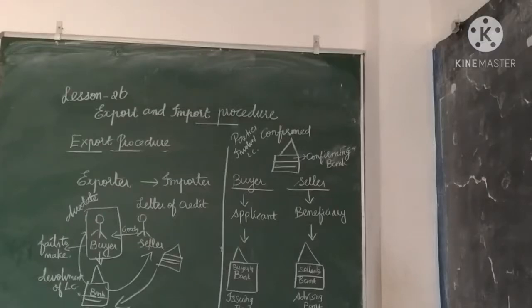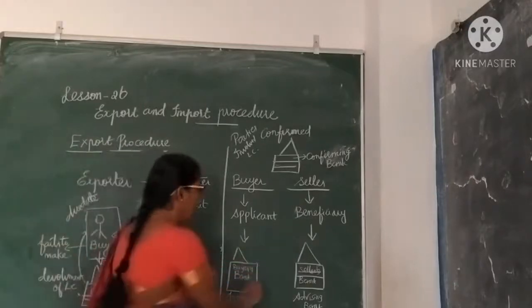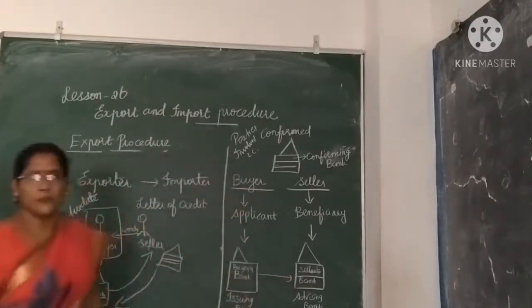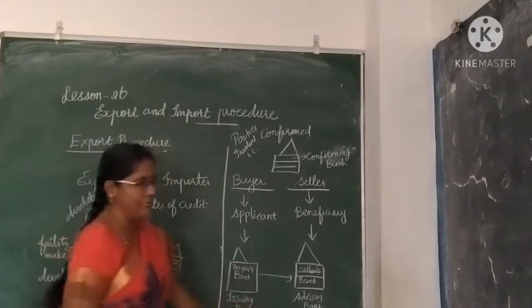It will be routed through another bank. Are you clear? In the seller's place, that bank is called the advising bank. So the seller's bank, we call it the advising bank.